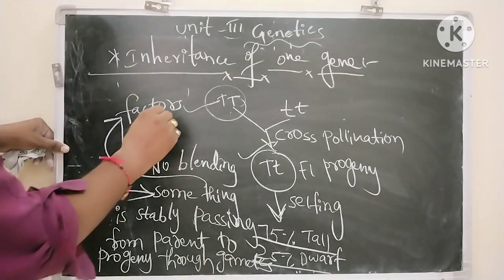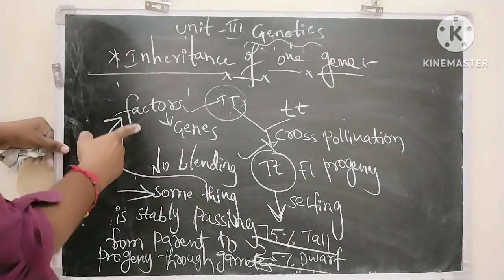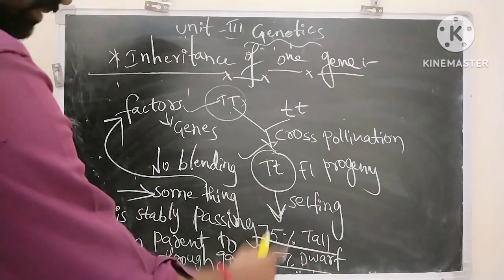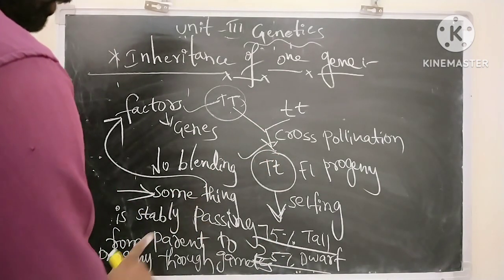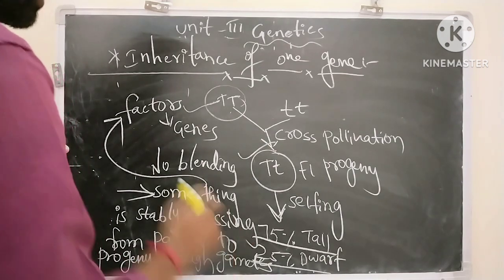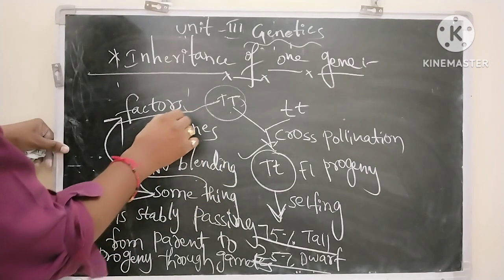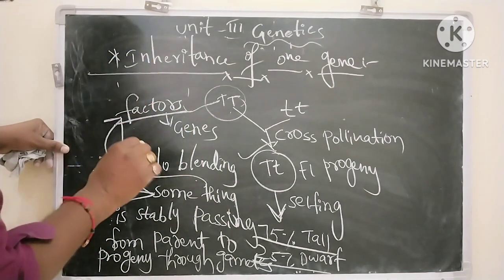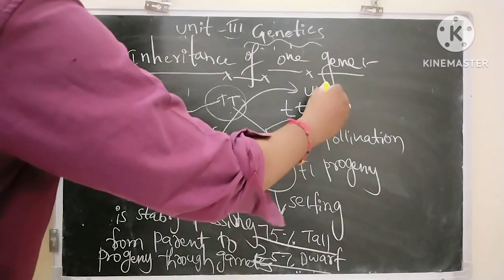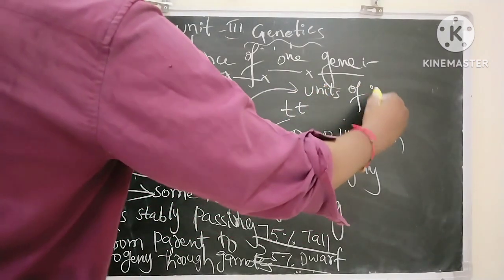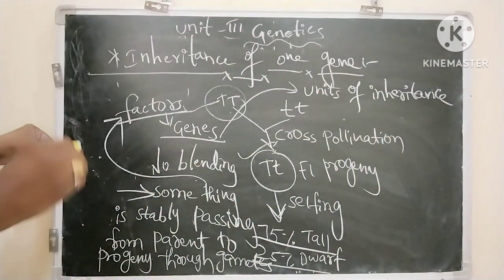Nowadays we are calling these factors genes, right? So from these experiments, Mendel understood that something is stably passing from parent to progeny through gametes over several generations, and he called these things factors, which we now call genes. The genes are the units of inheritance or heredity.